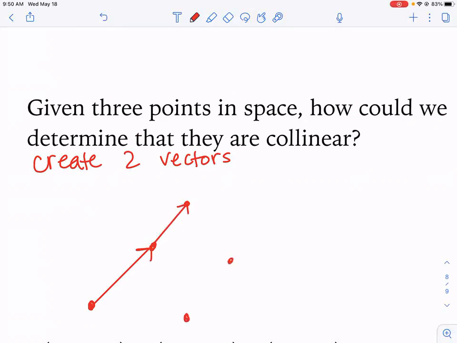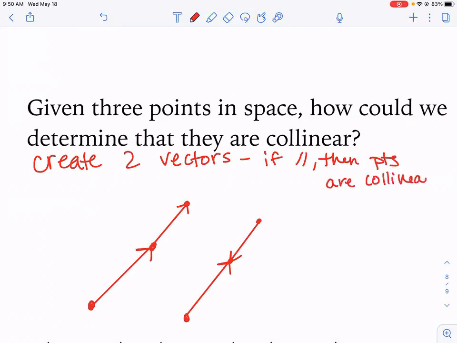If we create 2 vectors that are parallel, okay, if we have two vectors that share a point and the two vectors are parallel, so parallel means they're going in the same direction or opposite direction, then our points must be collinear.